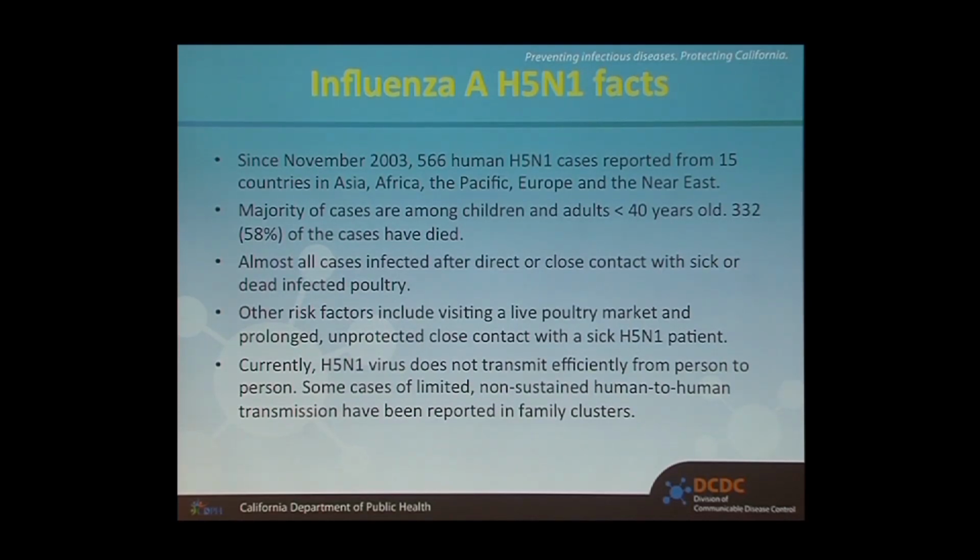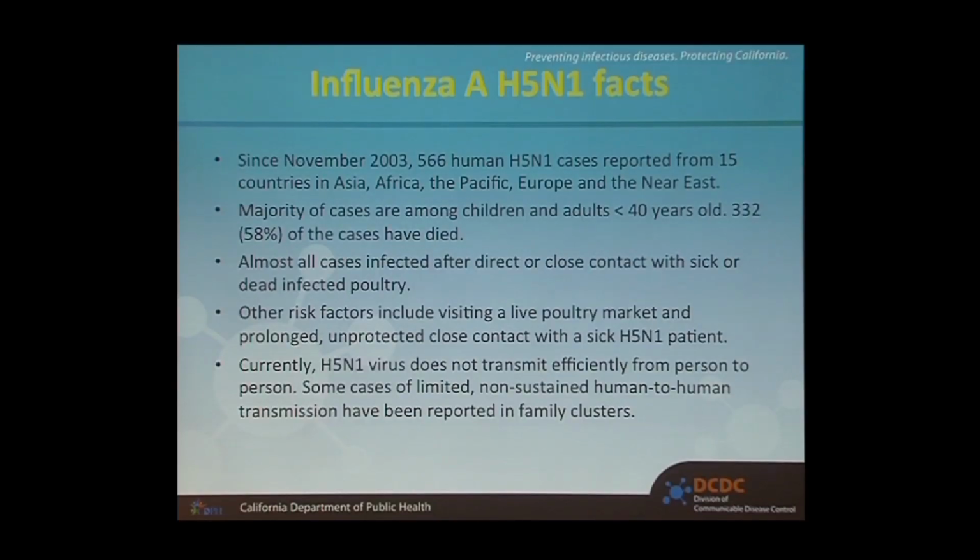What seems to be the case is that the highest risk factor for acquiring H5N1 is living in close contact with your poultry. This is a common phenomenon in many countries in Asia, Africa, and the Middle East. If you live with poultry, that is your highest risk, especially if you're young.